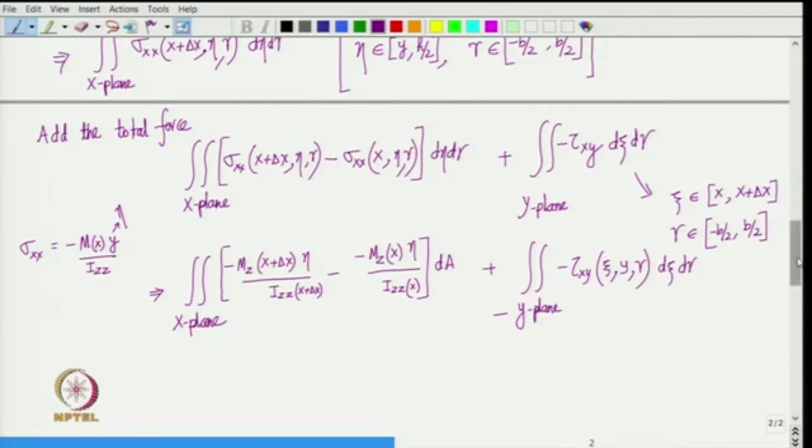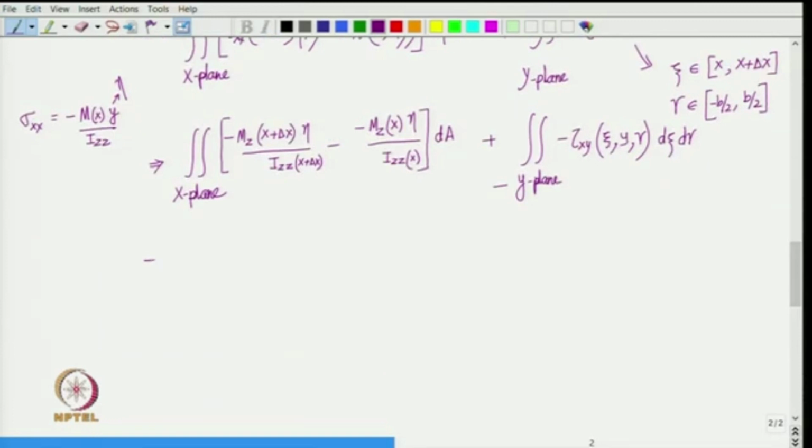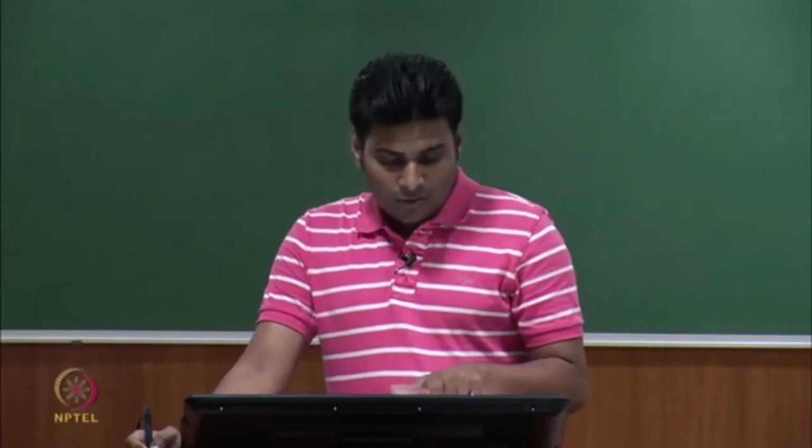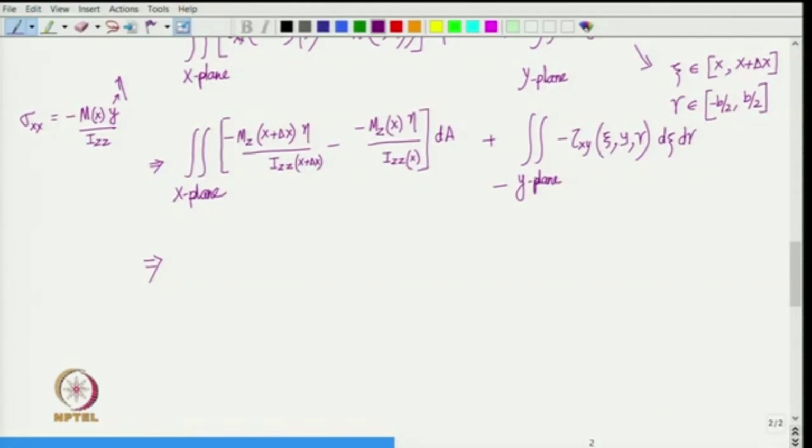All right. So, let us further proceed, and you notice now the first integration, which is over the x plane. So, for each of the x plane, positive x plane or the negative x plane, the x coordinate is not changing, x coordinate is fixed, because it is a cross section, right, it is a part of the cross section. So, that means m z I z z, we can take it out of the integral, is not it.